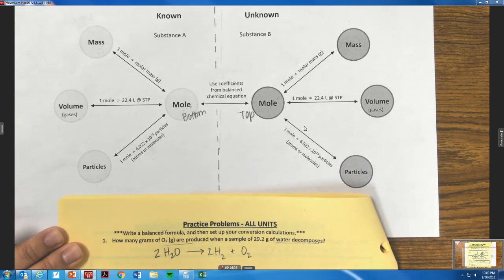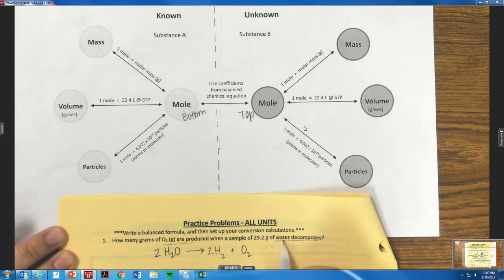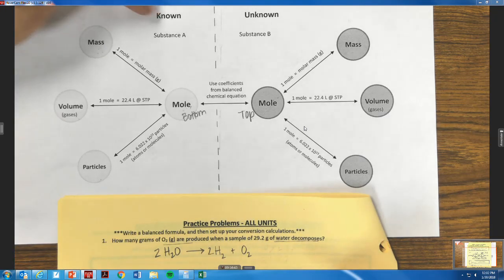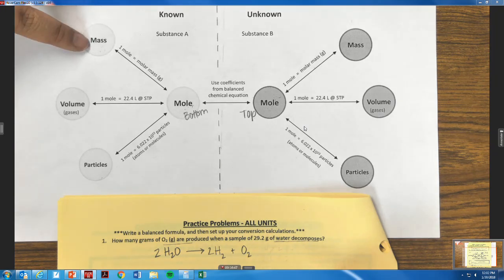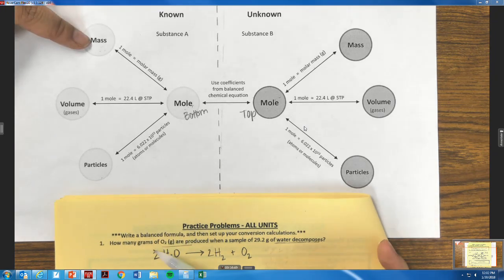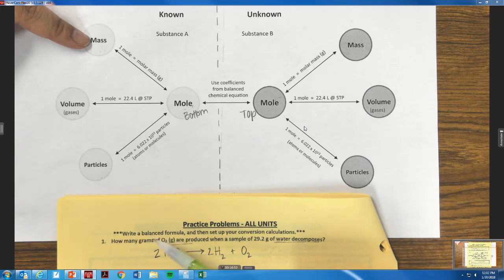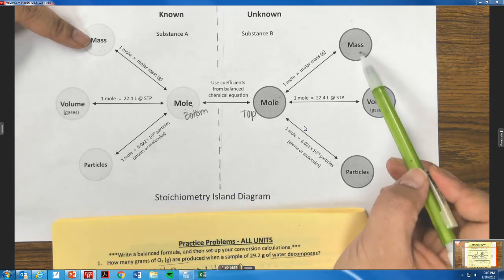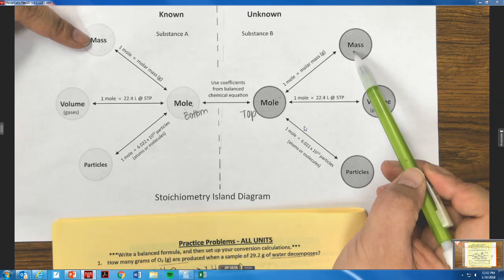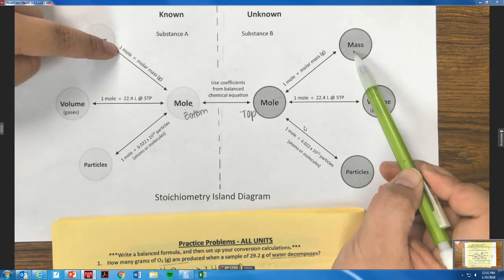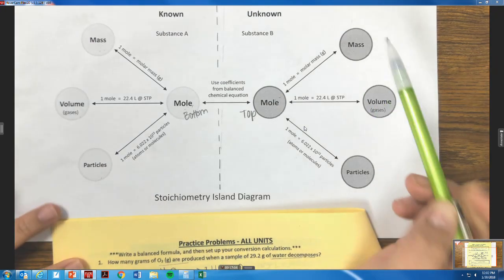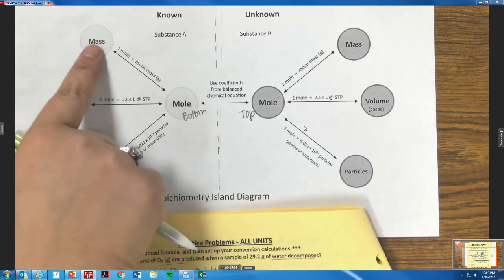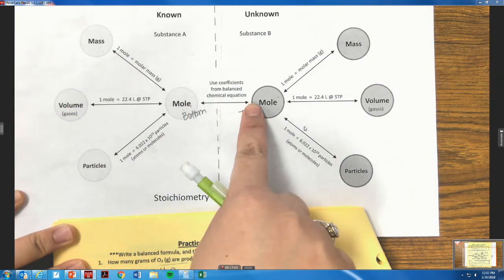If we were given grams of water, that means on my given side I'm going to be starting here at mass. And I've been asked to look for grams of oxygen, so I would end up here. That means I have 1, 2, 3 conversion factors that I would have to use.